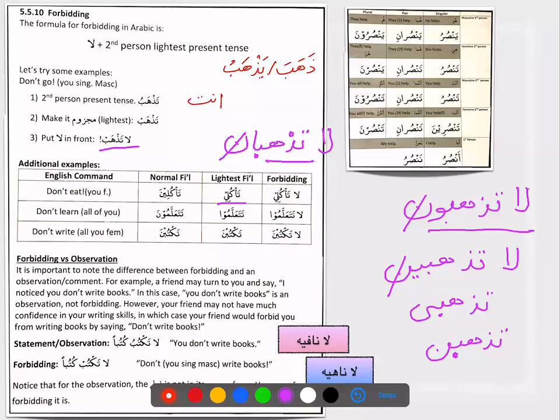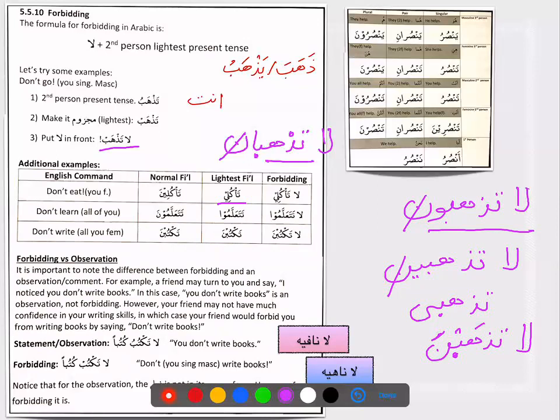There is no way to make it majzoom, we are just adding la, so it will become la tazhabna. That's it. These are our six sigas: anta, antuma, antum, anti, antuma, antuna. Okay, so this is how it works.